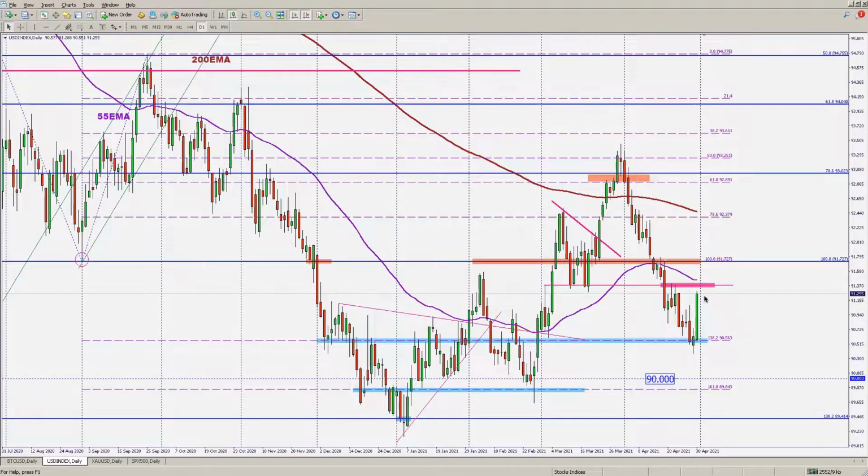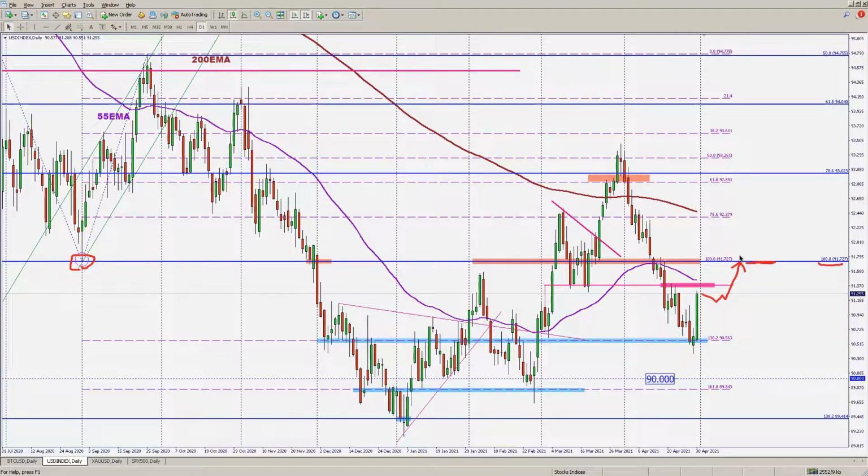However, it needs to continue to climb up, perhaps retest this previous swing low area. So it needs to break through this interim resistance again and climb up to test this zone.